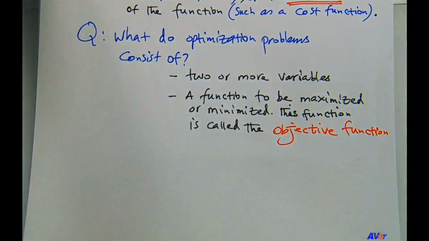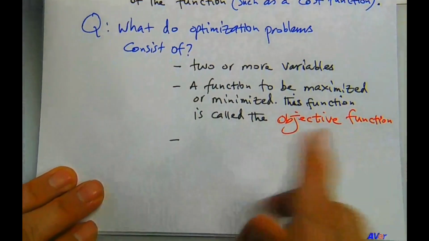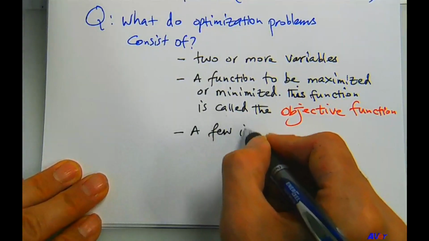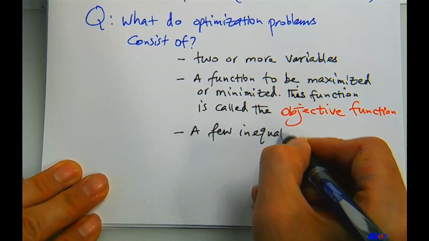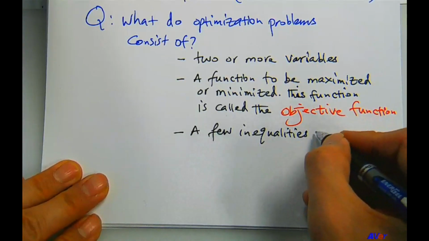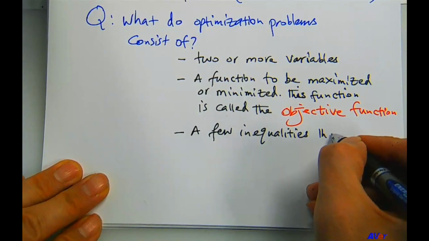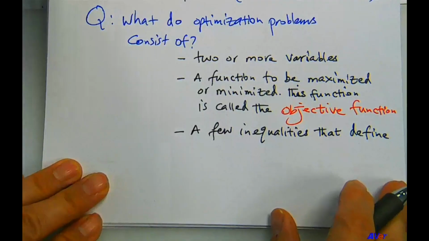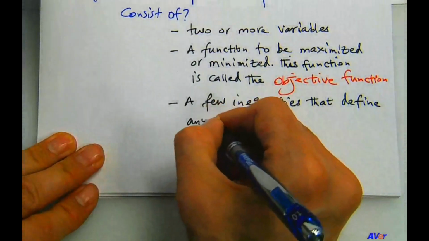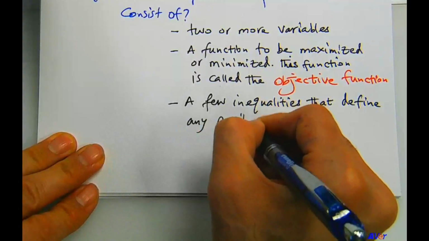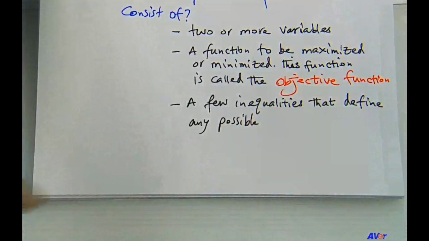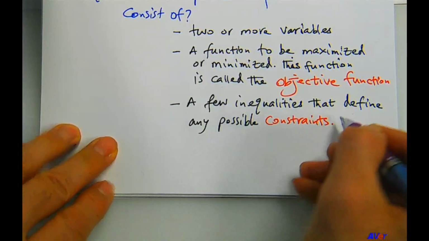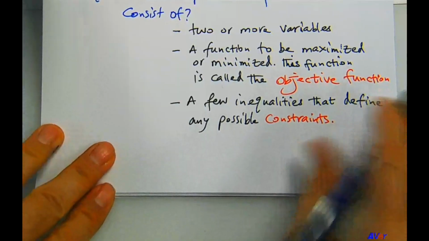Okay, and finally, they have inequalities that define any possible constraints. And these are called constraint inequalities.